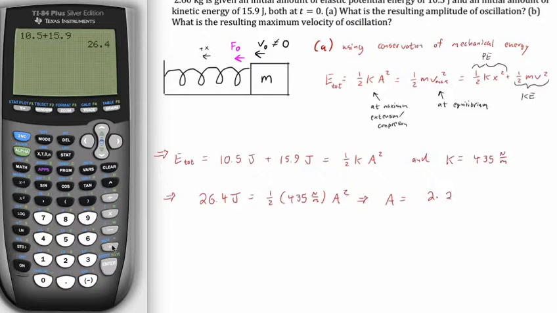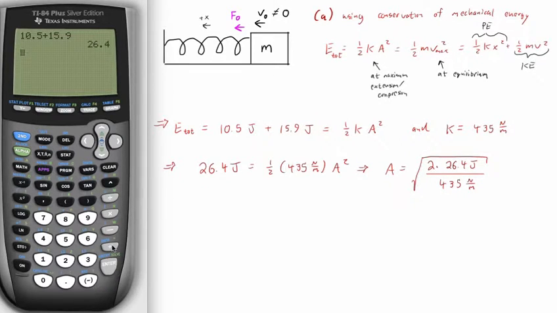So we're going to have 2 times 26.4 joules, divided by 435 newtons per meter, all inside the square root. It's important to point out that symbolically, the amplitude is just equal to 2 times the total energy divided by k, all inside the square root.